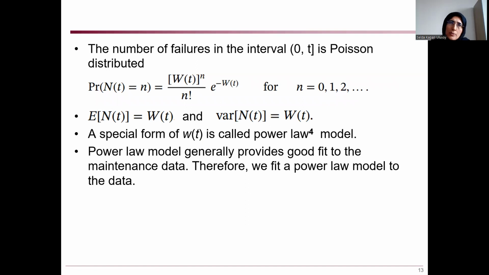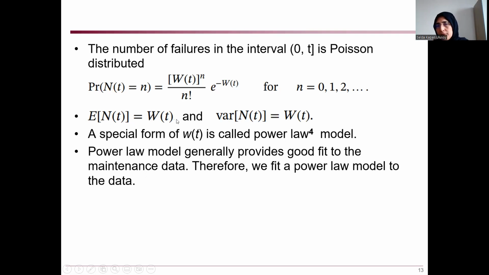In an NHPP model, the number of failures in an interval 0 to t has a Poisson distribution. So from the Poisson distribution, you can write the probability of n failures occurring.